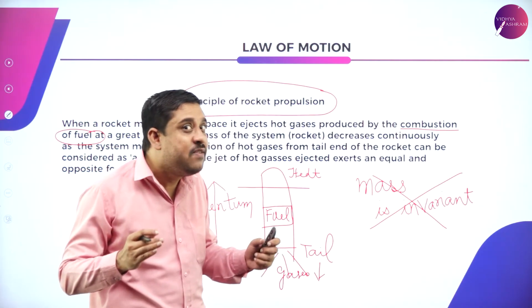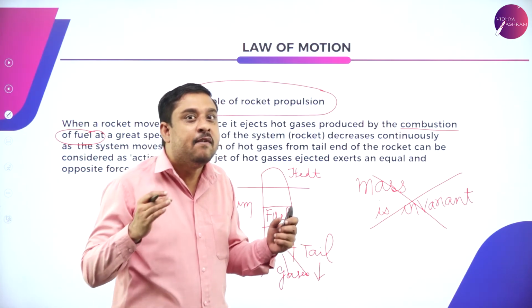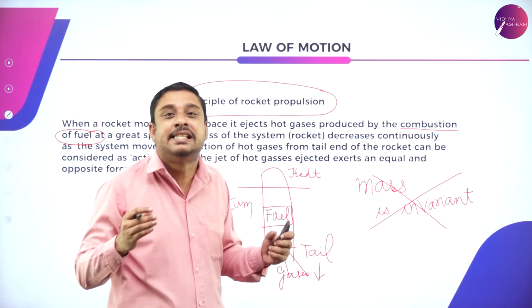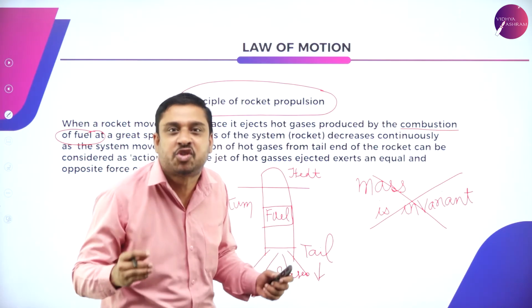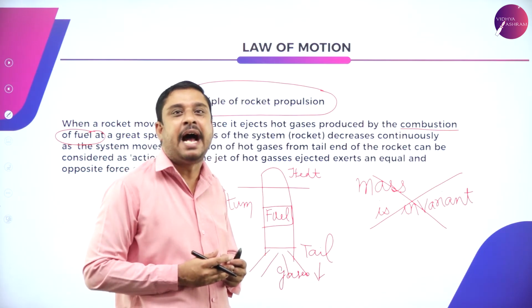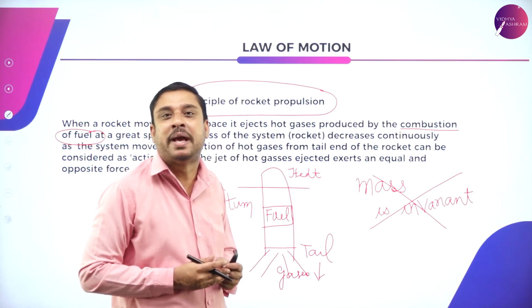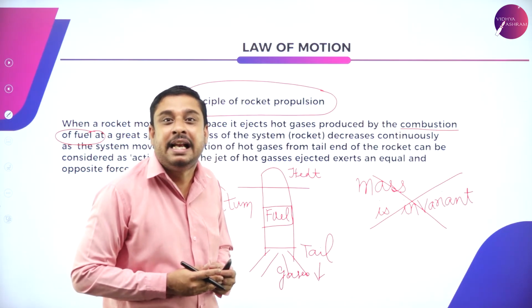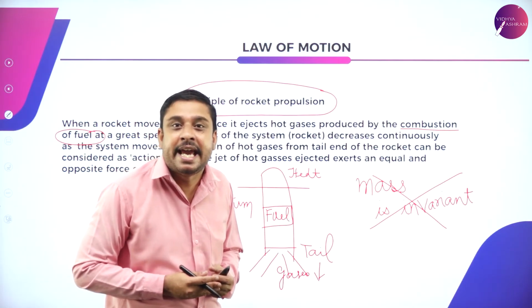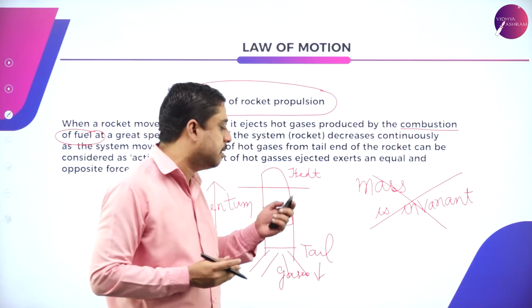So, certainly we see examples where conservation of mass, consistency of mass, is questioned during motion. And to answer that, Mr. Einstein comes into the picture with his relativity. And these are called variable mass problems.